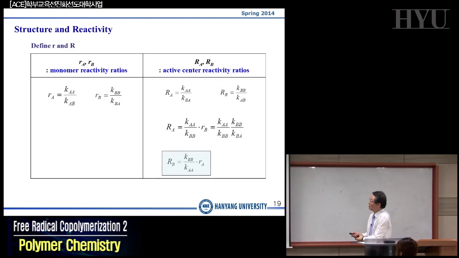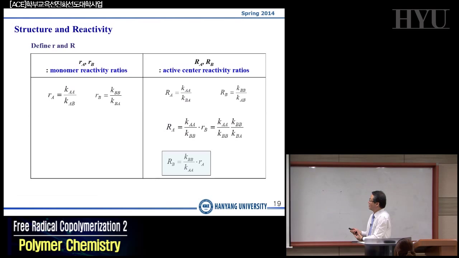Now, monomer reactivity ratios have been defined as r1 equal to K11 over K12, or KAA over KAB, where this is the monomer reactivity ratio of A. And the monomer reactivity ratio of B, or r2, is equal to K22 divided by K21, or KBB divided by KBA. Okay?